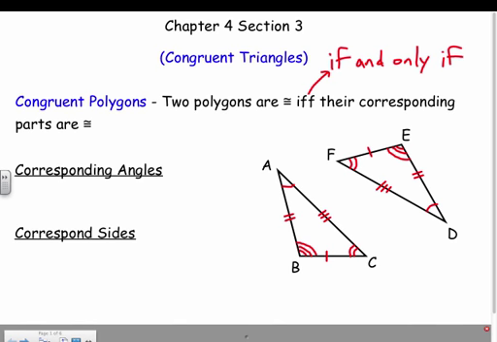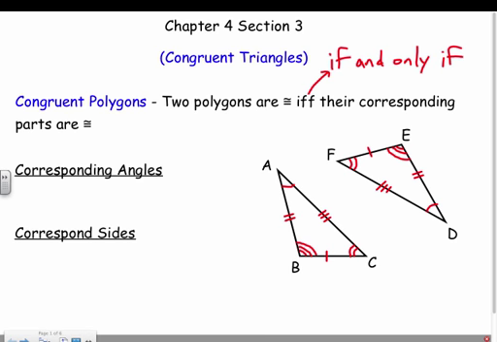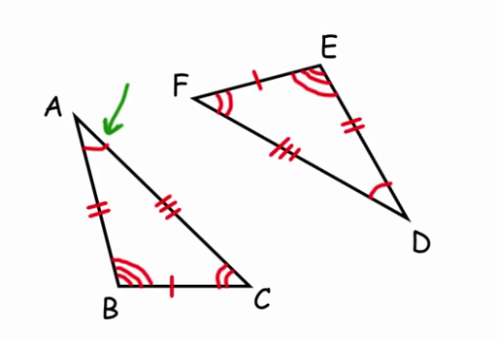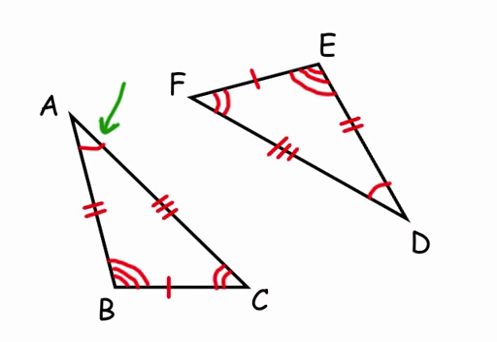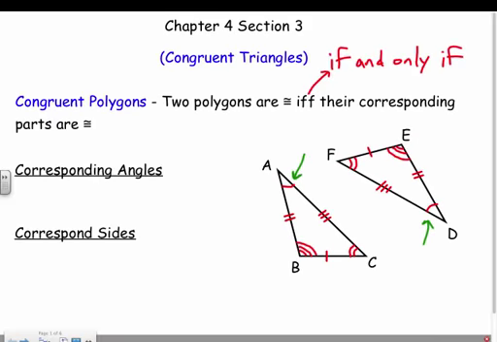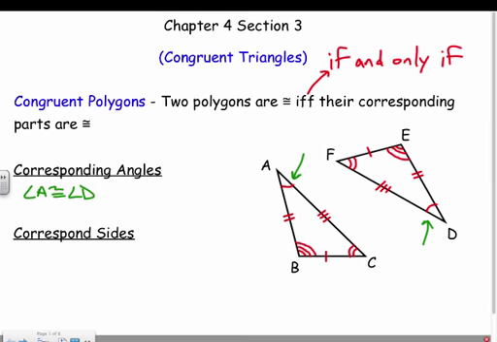So let's look at two triangles that are congruent here. If you notice, see all my little dash marks? For angle A, that has one little dash or one little half circle there. And then I look over to angle D, that also has one little dash there in the angle. That means that those angles are congruent. So I could say that angle A is congruent to angle D. They correspond.